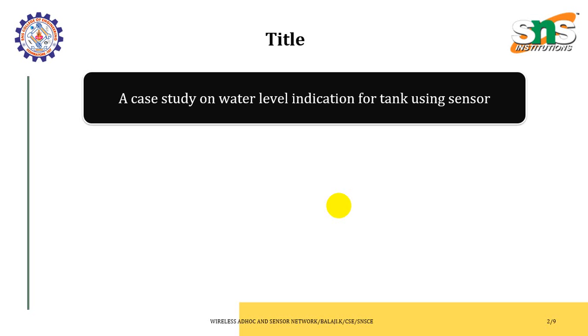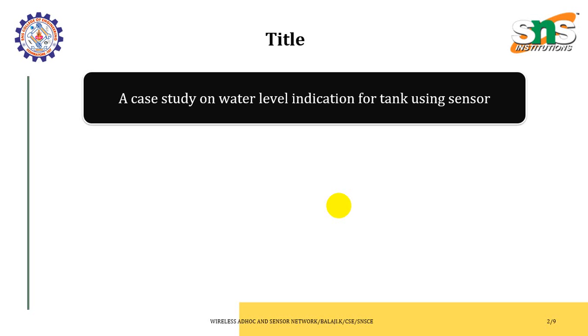When we started interacting with the members of the company, they expressed their views and said they face a lot of difficulty identifying the level of water in the global tank. So we started off taking that as our case study. That is why we chose a case study on water level indication for the tank using sensors.